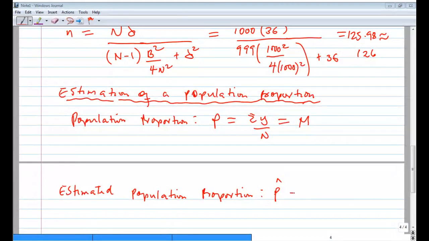Which is equal to the summation of y over the sample size. Because the population proportion, which is the summation of y over n, is equivalent to the population mean, the estimated population proportion will be equivalent to the estimated population mean, isn't it? Which is what? Mu hat, which is the same as y bar.